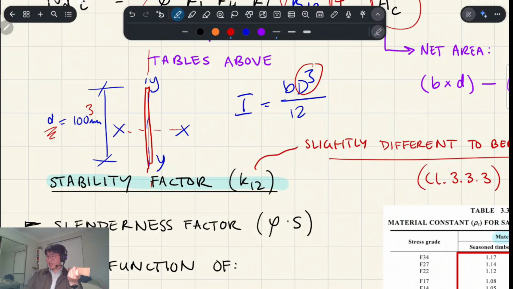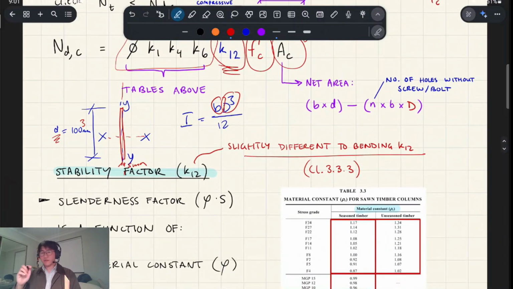Whereas the other dimension would be like 5 mil, and that's not powered to the 3. If you were to flip it sideways, you'll find that the moment of inertia you get is a much smaller number, because you're considering a much smaller depth, which is going to be cubed, right?